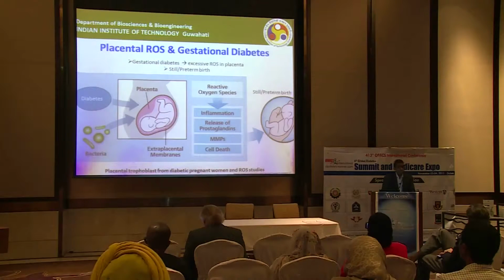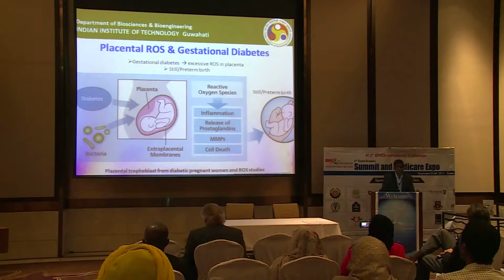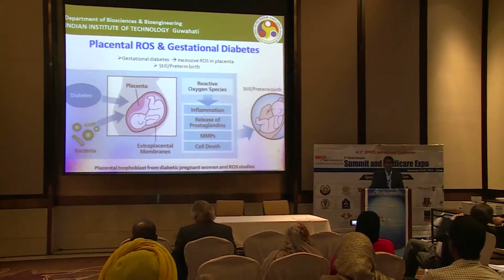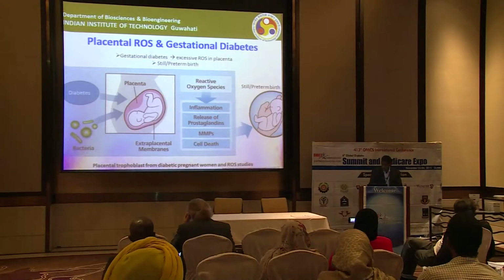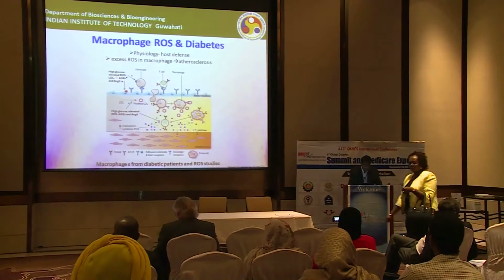One of the main causative agents for gestational diabetes-induced stillbirth is excessive production of reactive oxygen species by placental cells like trophoblasts. So we are trying to find out the mechanisms behind excessive ROS production in trophoblasts in gestational diabetes. I am not going to give the data on that, I am just touching upon these.